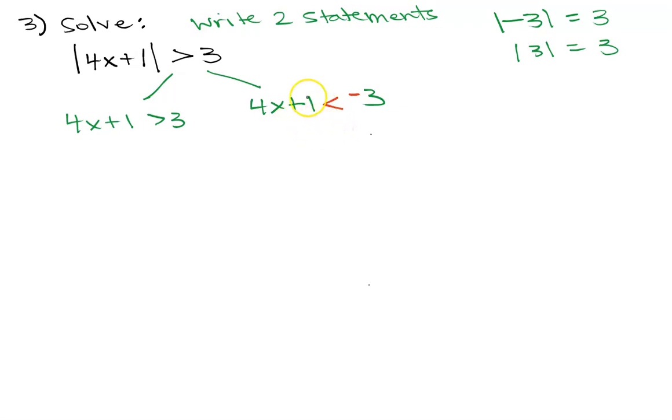Now before I do that, there's something else that I want to point out to you here. I use a play on words to help us figure out whether we're dealing with an and or an or statement. Since this is a greater than, I say to think of it as greater.